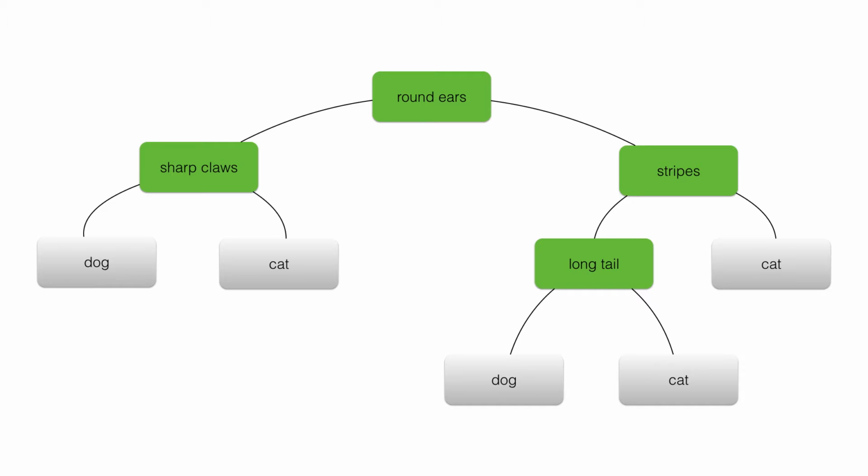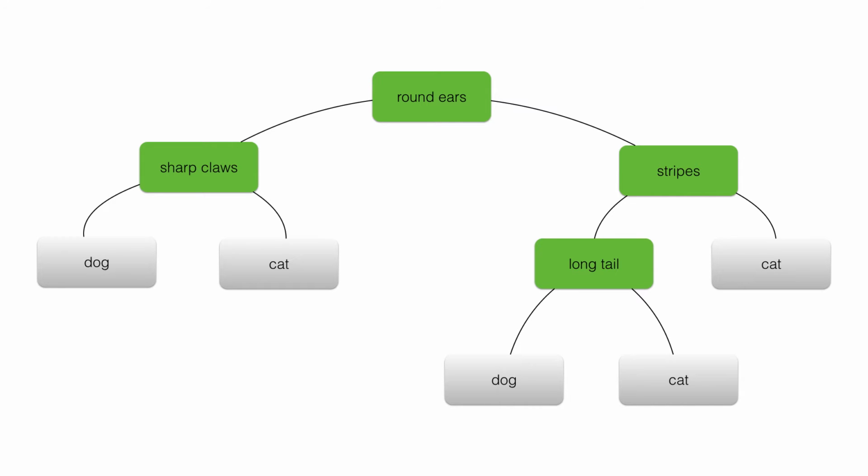In this case, I'm considering a binary classification problem where we're trying to identify a dog versus a cat. At each node in the decision tree, we will consider one particular feature, and based on whether the feature is present in the data example, we will move to the left or right subtree.